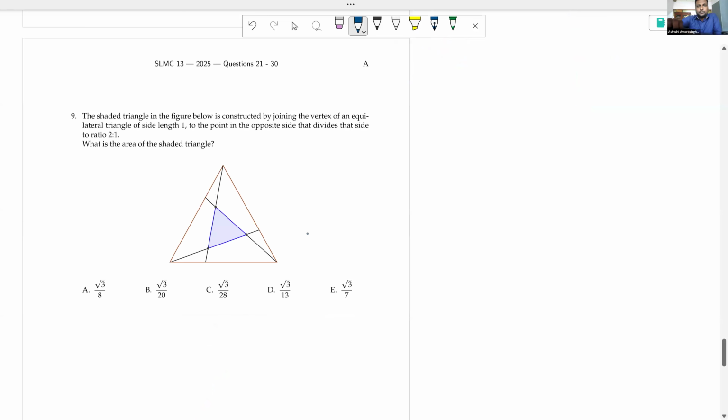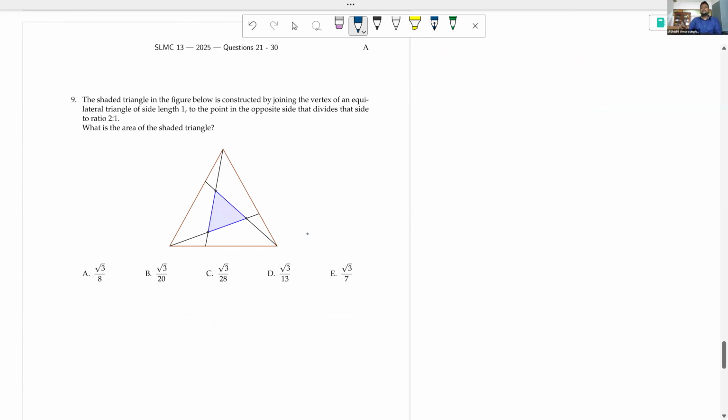Question number 9. Again, I will not go through every step of the solution, but let me just tell you what would happen. So let's give this a name: A, B, C, D, E, F, and K, L, M. So you need to find KM.